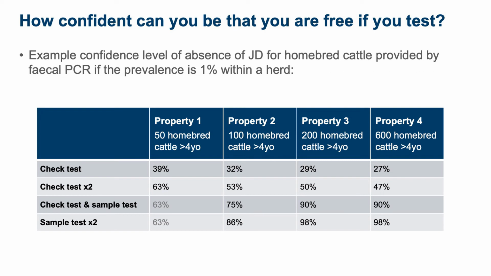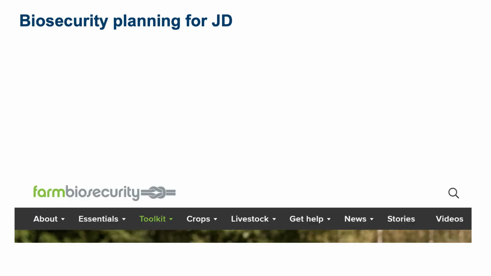Remember, how confident you can be that a property is free of JD is dependent on testing. And if you want a high confidence, aim to test more cattle that are 4 years of age and older, more often. As we've seen, it may be several years between the time of infection and livestock being capable of spreading JD or showing signs of the disease.